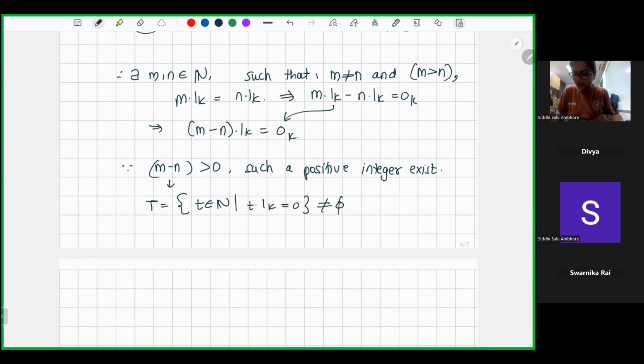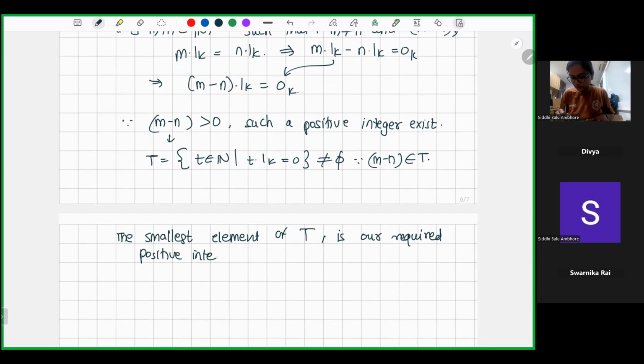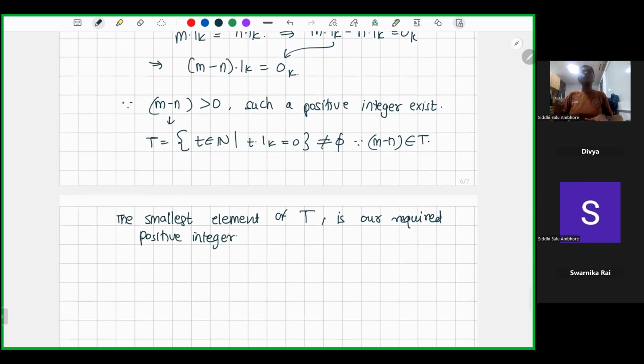And this is non-empty since m minus n belongs to this set T. The smallest element of T is our required positive integer. Therefore, the smallest element in T exists.